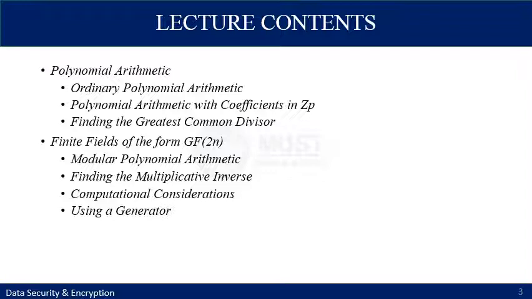A more important class of finite fields for cryptography comprises those with 2^n elements, denoted GF(2^n). These are used in a wide variety of cryptographic algorithms. However, before discussing these fields, we need to analyze the topic of polynomial arithmetic.